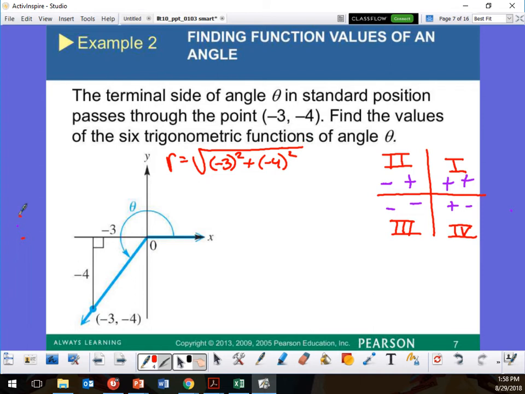So R equals the square root of 9 plus 16, the square root of 25, which equals 5. R is 5, right? Very good. So I have my value, R is 5. That's going to help me out for the next part.